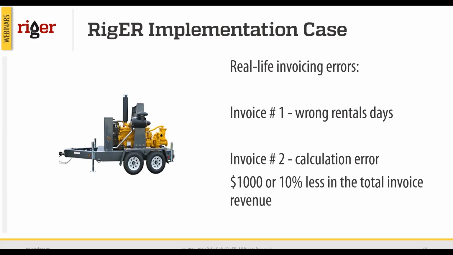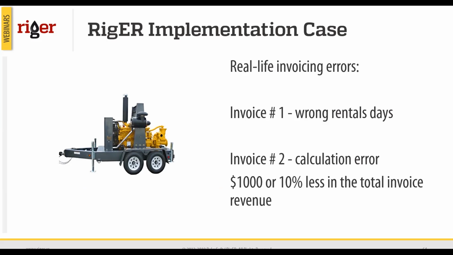The second invoice that I took, I saw that there was a calculation error of the rental fees, again, based on the different periods of time that equipment stayed at the location, and there were multiple movements of the equipment, and the invoice was understated by $1,000. It was almost 10% of the total amount of the invoice.